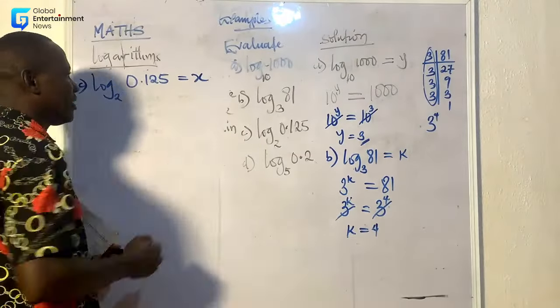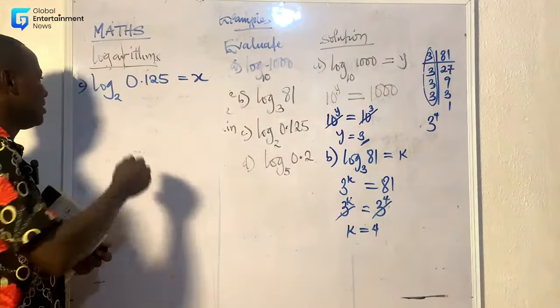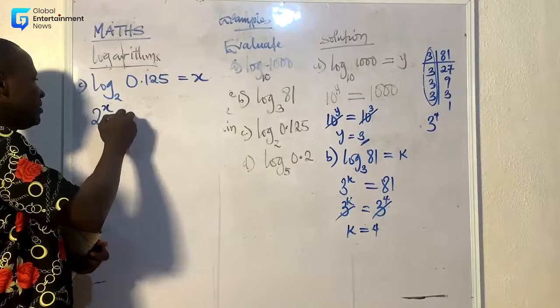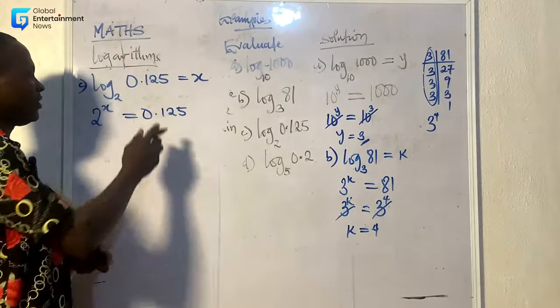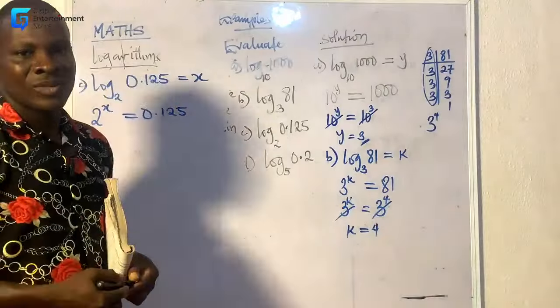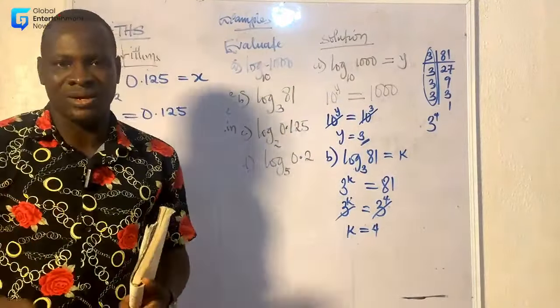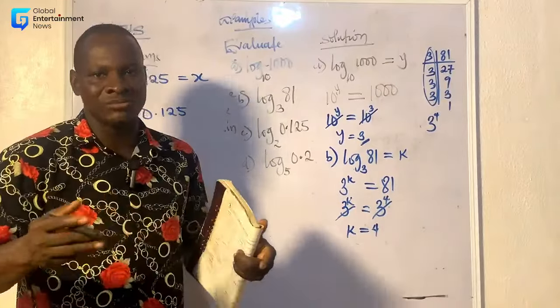Somebody said we should use X. And remember, the base must be raised. We have 2 raised to power X is equal to 0.125.